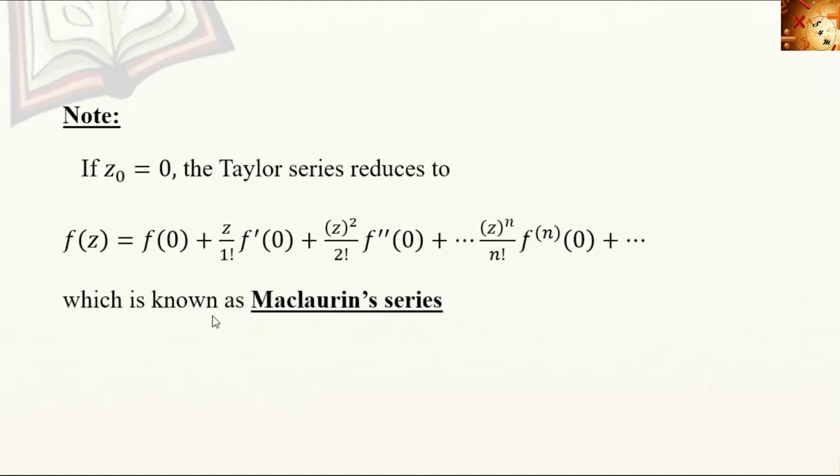This series is known as Maclaurin's series. About a particular point z equal to z0, the expansion is Taylor series. For the point z0 equal to 0, the series is called the Maclaurin series.